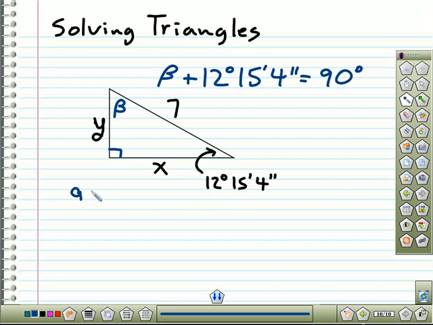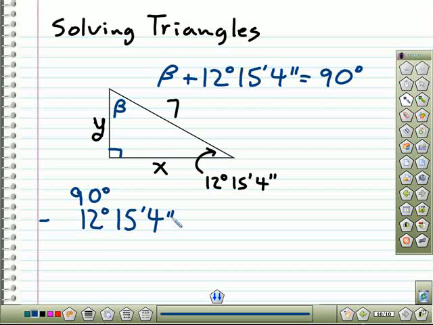Here's what you have: 90 degrees minus 12 degrees, 15 minutes, and 4 seconds. Now what would you do? You don't have any minutes or seconds up here, so just borrow.